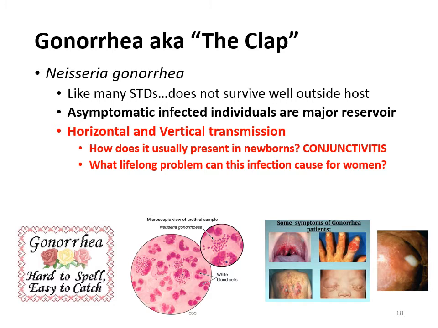The next one is gonorrhea, and gonorrhea is one of my favorites, and I know it's weird for someone to say that they have a favorite with STDs, but for me, after all these years teaching microbiology, I love gonorrhea because of the nickname, the clap. So if you've ever heard the clap, there are actually two main reasons why this came about for gonorrhea.